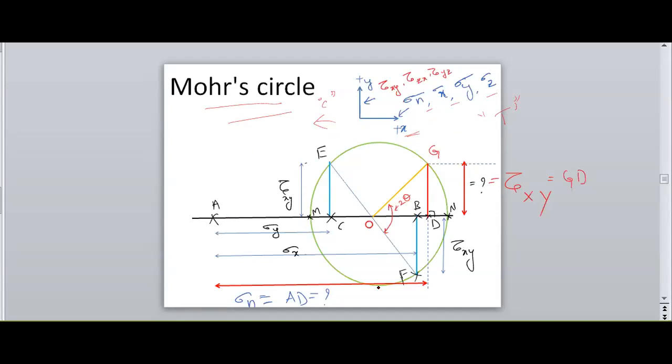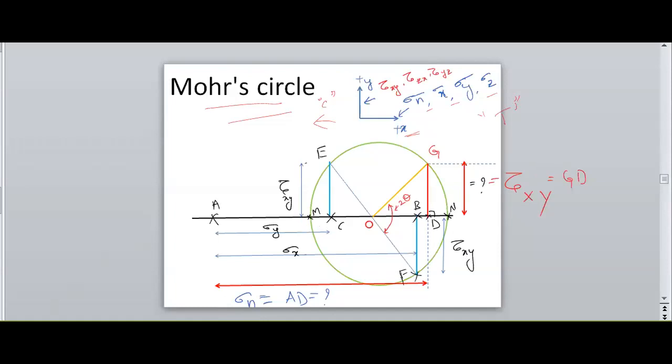So this is the graphical method to draw the Mohr circle and find the unknowns, that is the normal stress sigma n and the shear stress on the oblique plane.